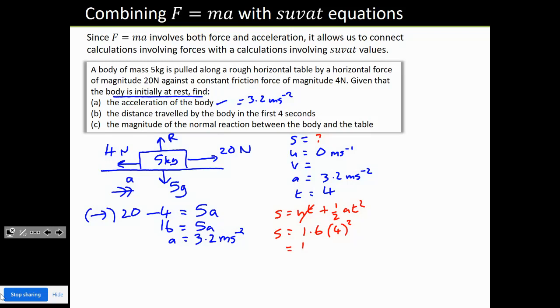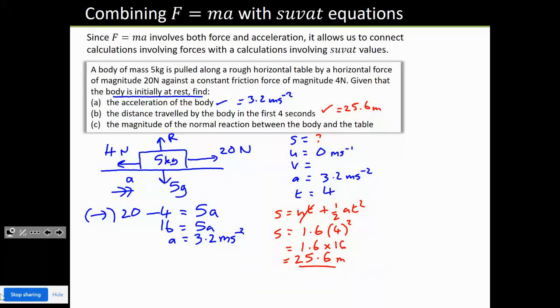So it's going to be 1.6 times 16, which is 25.6 meters. So the distance the body travelled in the first 4 seconds is 25.6 meters.